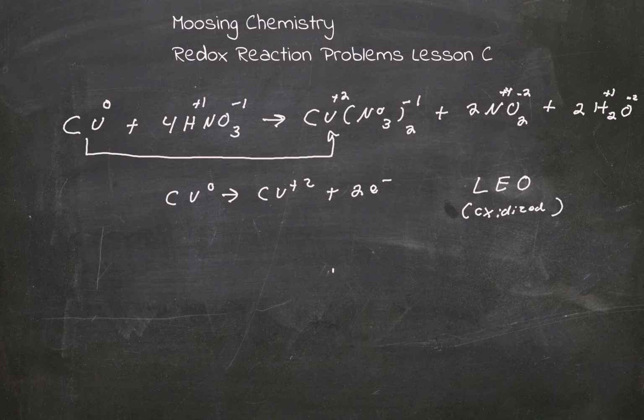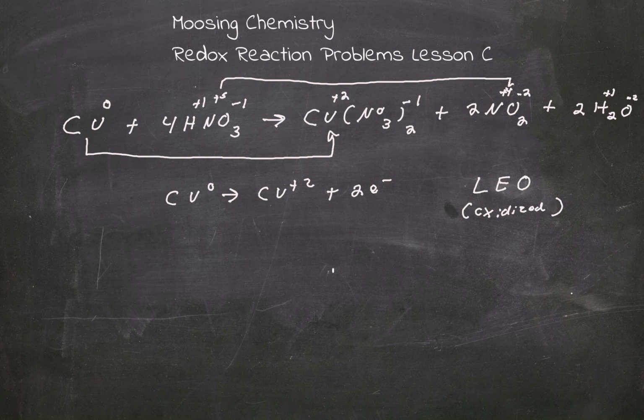All right. Now let's look at the next one. So if we look at this up here, this is also a +5. The nitrogen is a +5 here, and it's becoming a +4 in here, right?